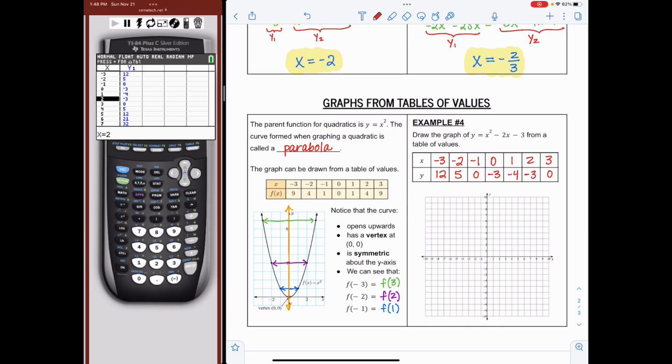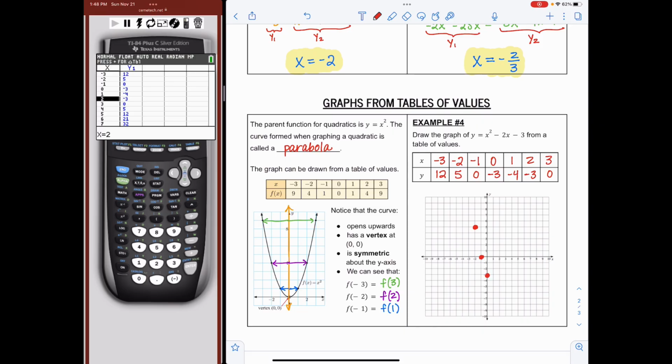So all I would have to do here is literally plot these points. Negative 3, 12, I can't plot because I can't go up high enough, but I can plot negative 2, 5. I can plot negative 1, 0. I can plot 0, negative 3.